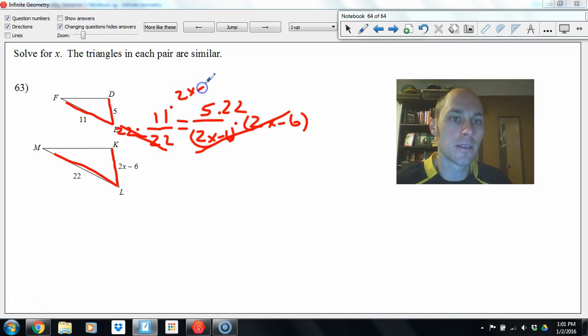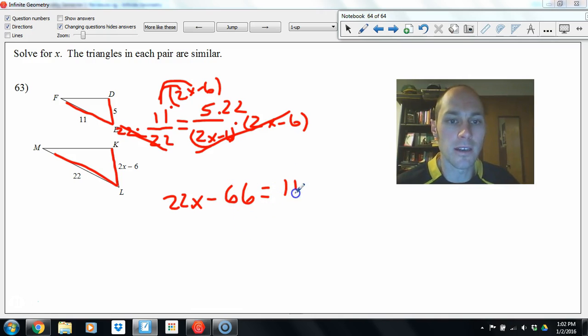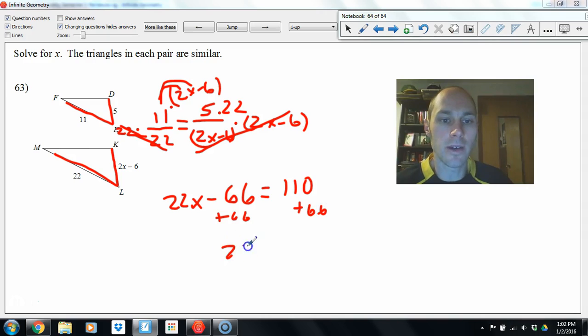And then we can finish our equation. Distribute. 11 times 2x is 22x. 11 times negative 6 is negative 66. And 5 times 22 is 110. Add 66 to both sides. I get 22x equals 176.